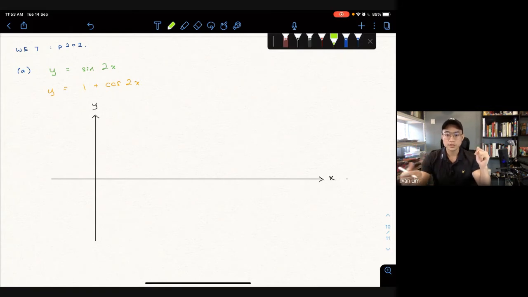If 3x means I want to fit 3 sine graphs in 360 degrees. 4x, 4 sine graphs within 360 degrees. Okay, so this is another way to understand it. But this is for fast sketching. If you want to draw the exact points, then maybe you want to try not to use this and count the exact angles also. Okay, so let's just sketch it out first.